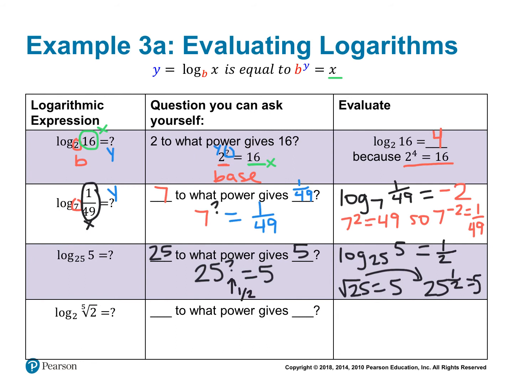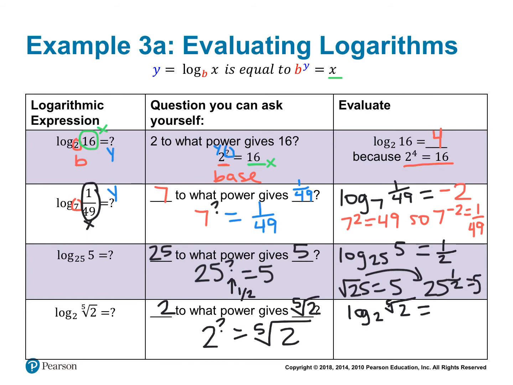Okay, one more. So this one has some radicals involved. Let's go ahead and use our same strategy. 2 to what power gives the 5th root of 2? So this is similar to the one up above.